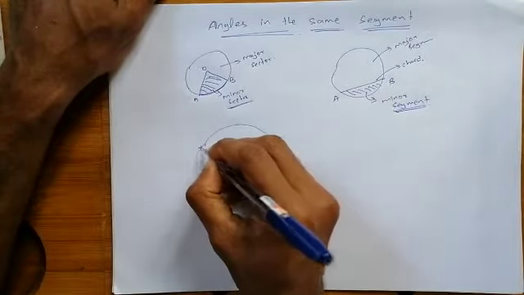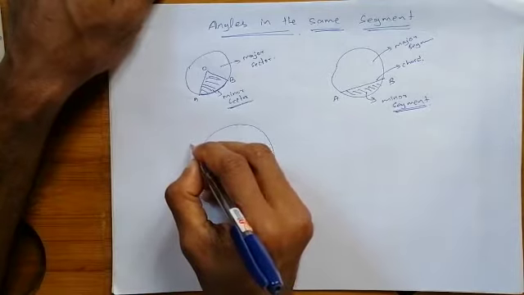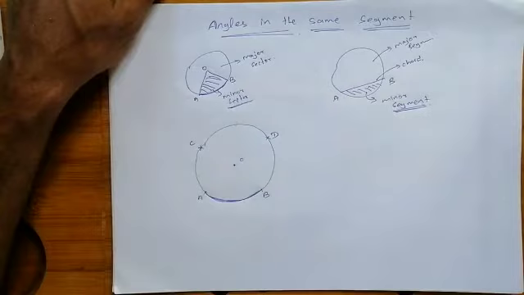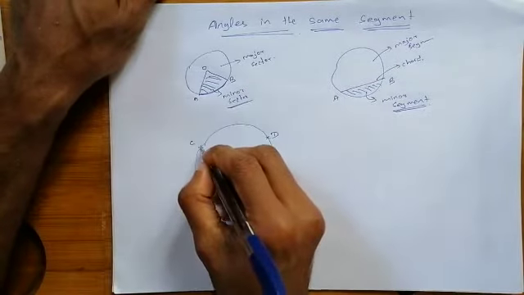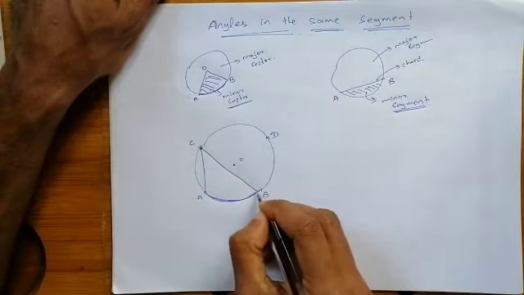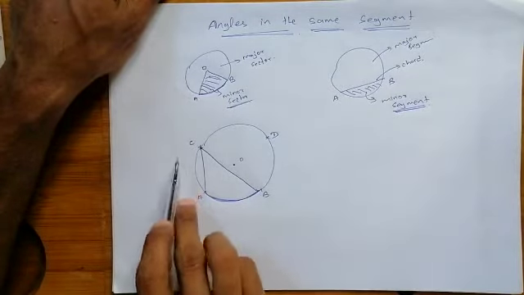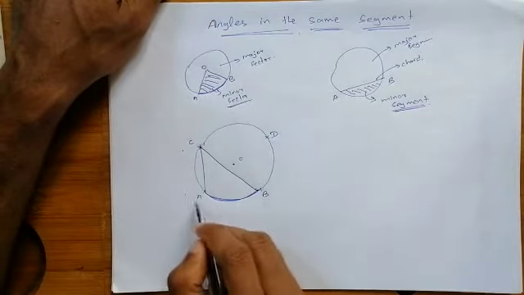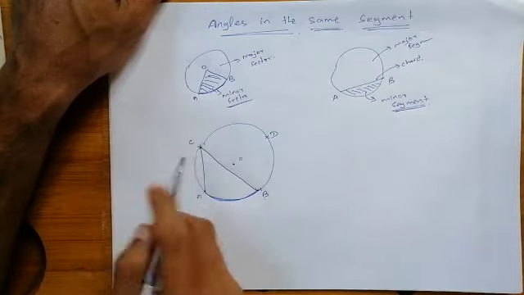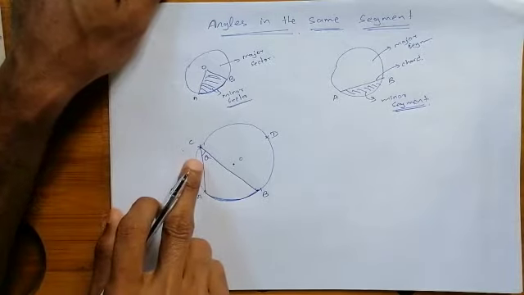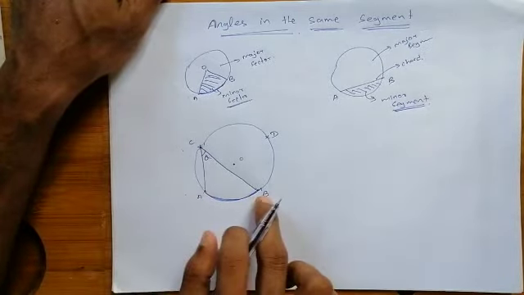So we mark a point C on the remaining part, and another point D. If we connect this point C to A and B, the angle subtended at C is theta, the angle subtended by the AB arc.